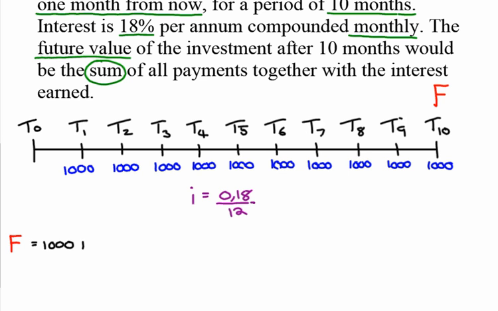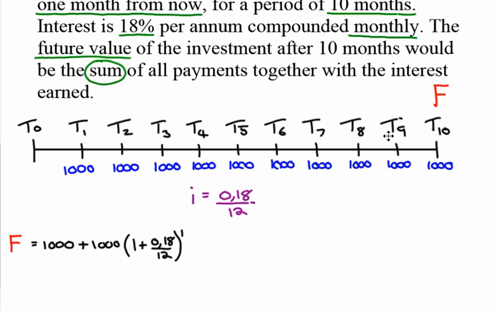Now I add, let's look at this 1,000 here. That one accumulates interest for 1 month. So I'm adding 1,000 and its interest, so 1 plus 0.18 over 12, just for 1 month.